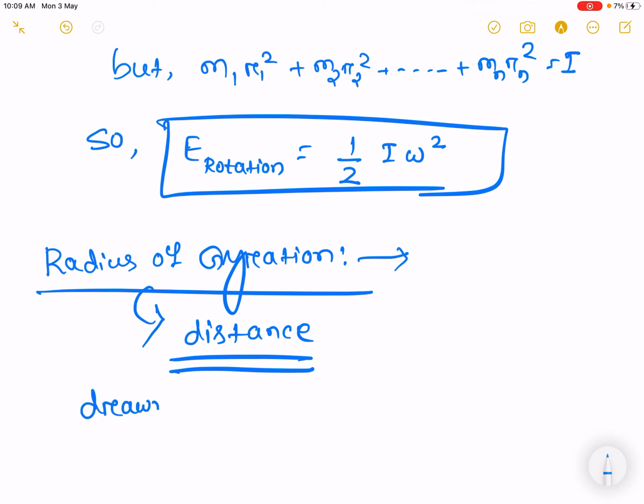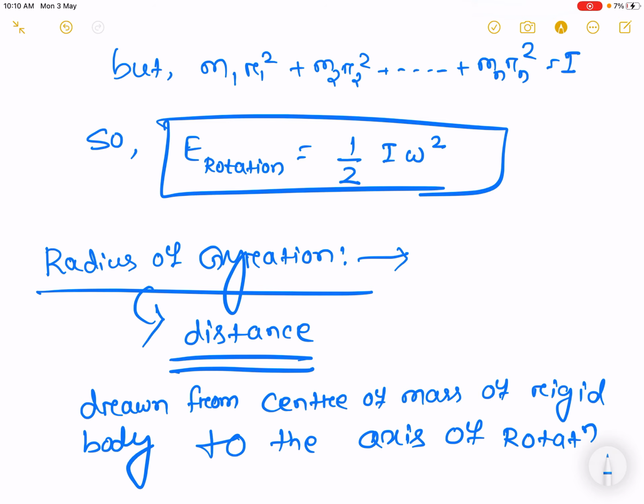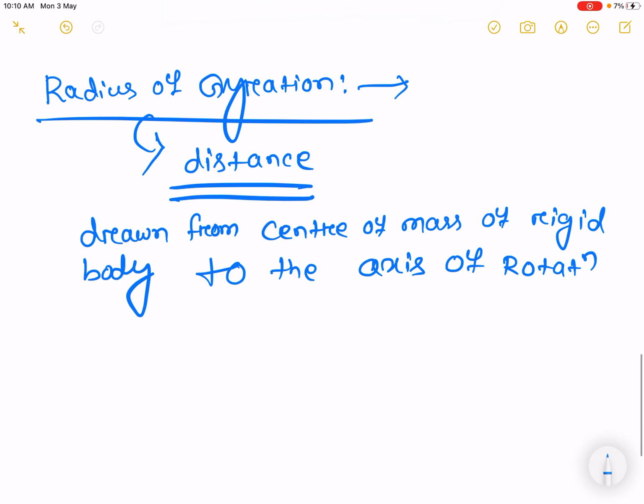The distance drawn from the center of mass of the rigid body to the axis of rotation.